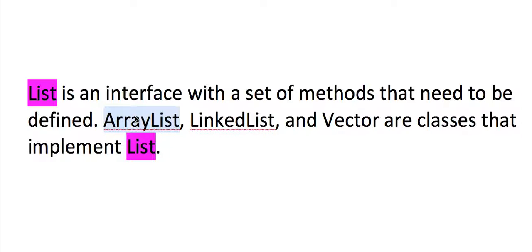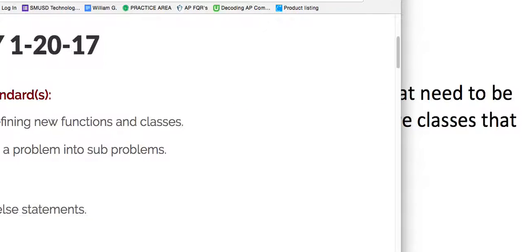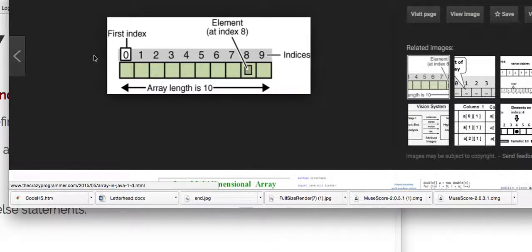ArrayList uses an array, and maybe it's easier if I show you a picture. If you ever insert an element into, let's say, space 5, what's happening is that in the background, they're taking all the elements in space 5 up to 9, putting them into a temporary array, then they're creating a new array that has one space more, so it goes from index 0 up to 10.